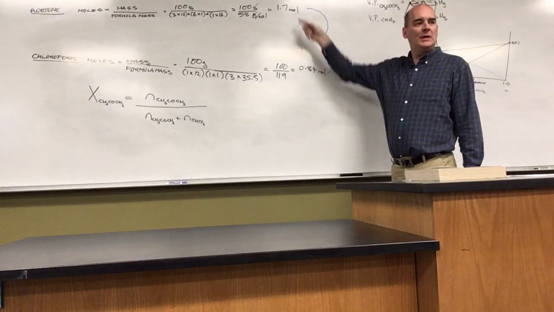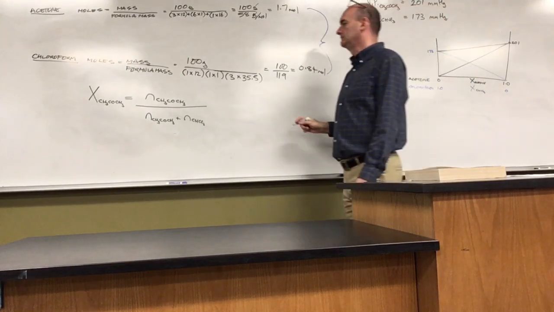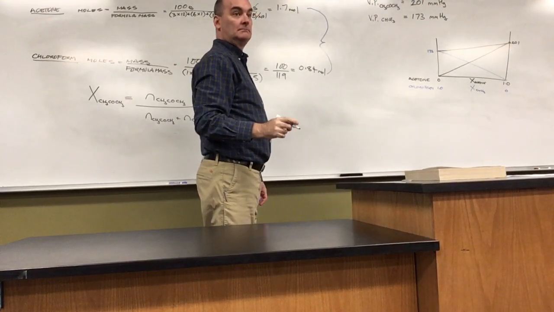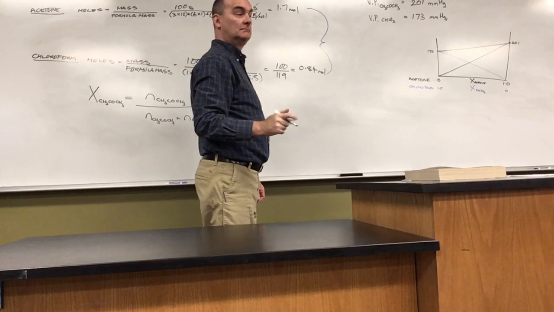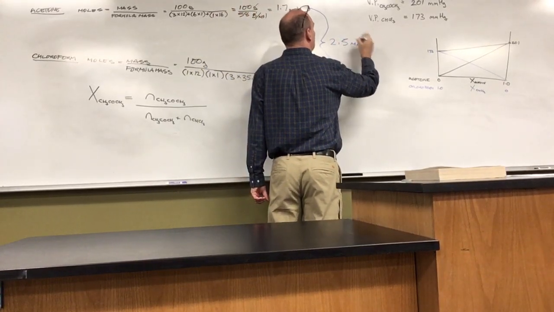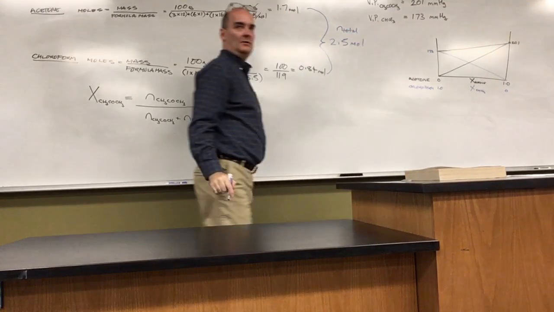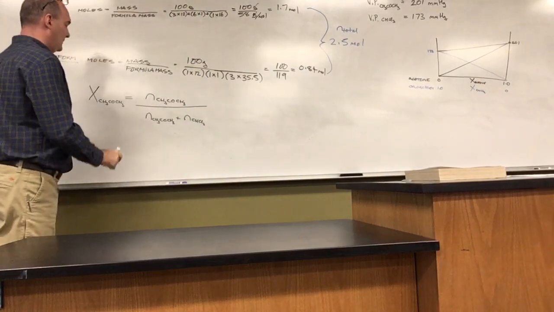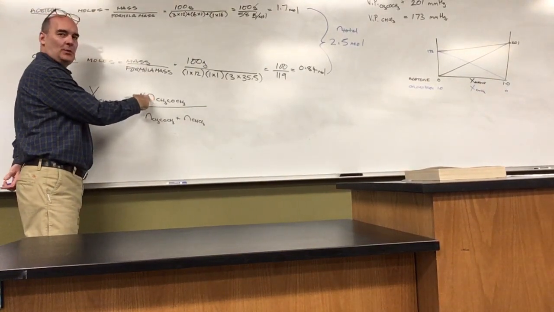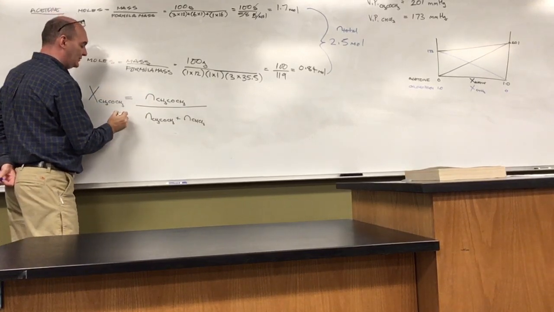You need to add those two numbers together and tell me what that is. This is my total number of moles. Okay? Mole fraction of any material is the number of its moles divided by the total number of moles.